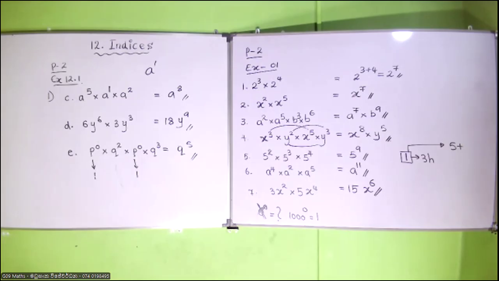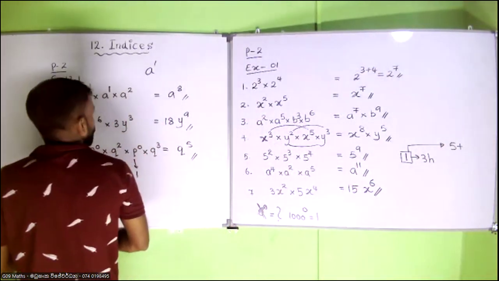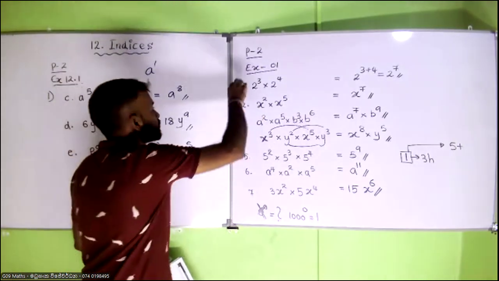Let's go to page number 3. Page number 3 again: quotients of powers with the same base.